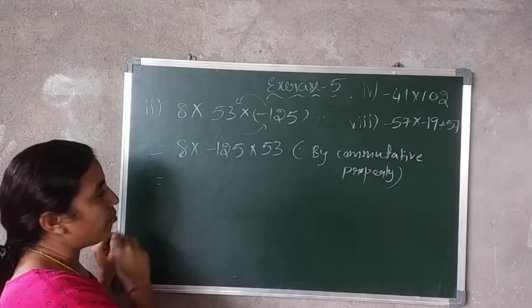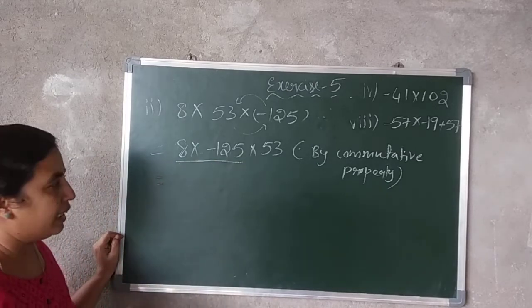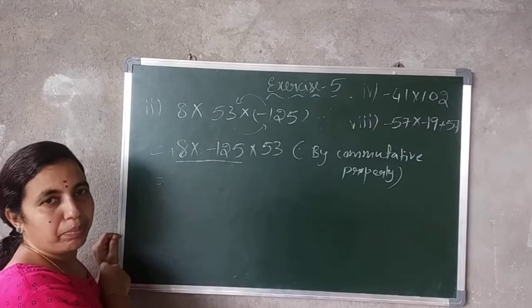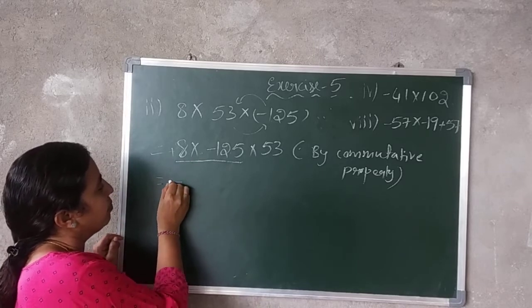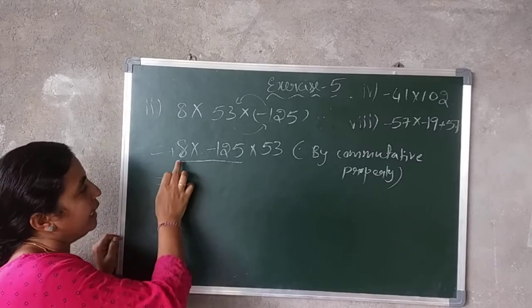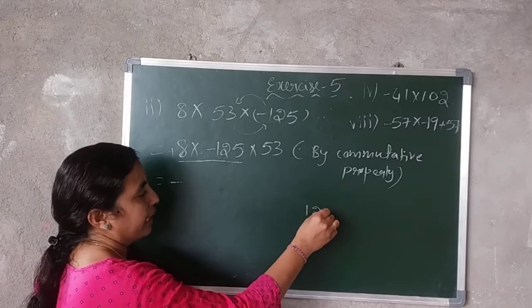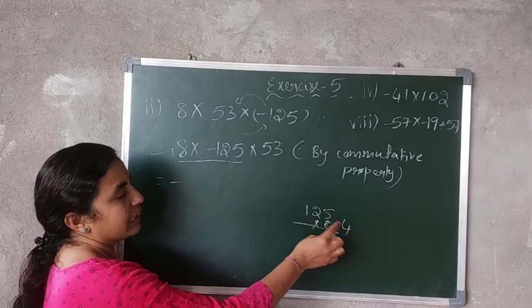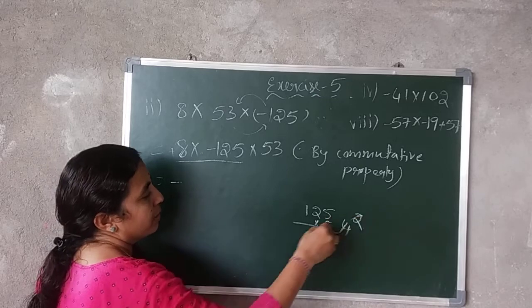Now, first I will multiply these two, 8 into my first term. Nothing is there, which means it is plus. Now one negative sign is there, so we will get minus. 8 into 125. 125 8s are, you know already, how much? 8 5s are 40, 8 2s are 16 plus 4, 8 1s are 8, plus 2, that is 1000.